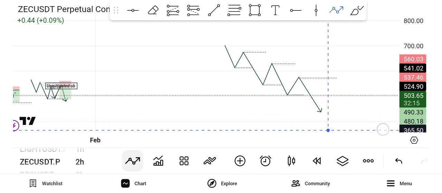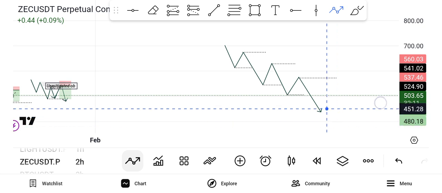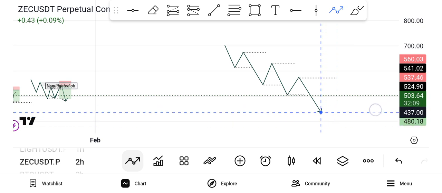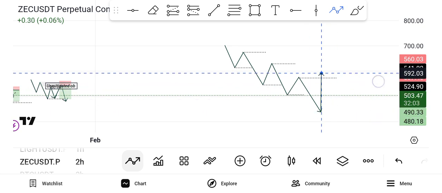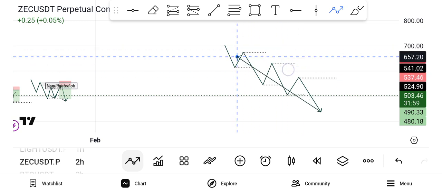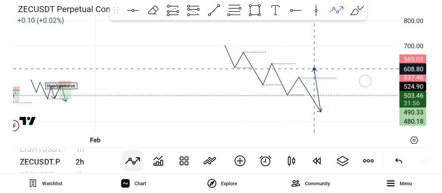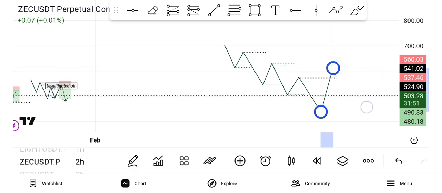What you don't want to see, if you are to continue identifying this market as a downtrend, is the market breaking above. In a scenario where the market creates lows, highs, low, high, low, high, low, high, and all of a sudden we have a switch, this is what is called a change in market structure.